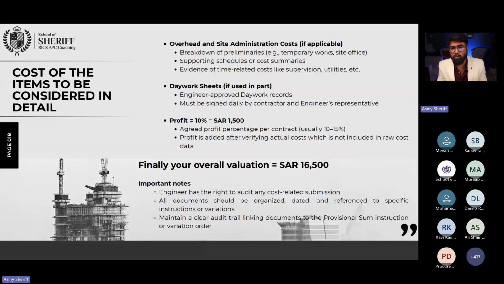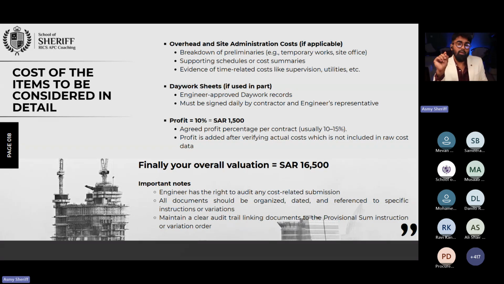In order to do that, I brought an additional internet router. What are you going to do? You are going to claim your additional administrative cost. So not only your labor, material, machinery and subcontractor, but also your overhead and site administration cost, right?